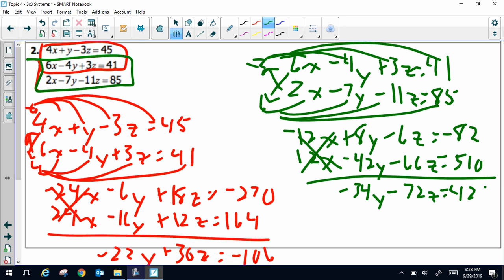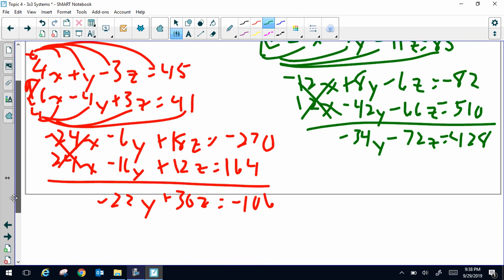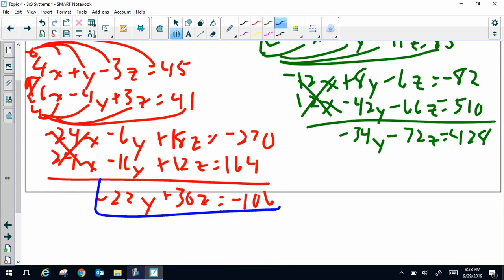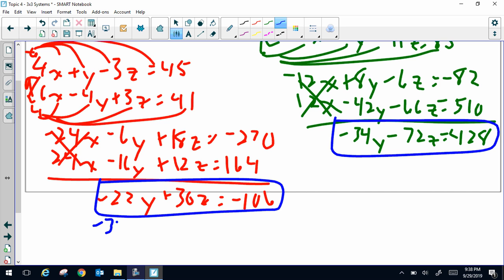So again, once you get to this point, you got to take your two 2-by-2 equations. So this one here and this one here, and put them on top of each other. And this is where your numbers get quite large, because you can see you already got large numbers again, and you're going to multiply again.